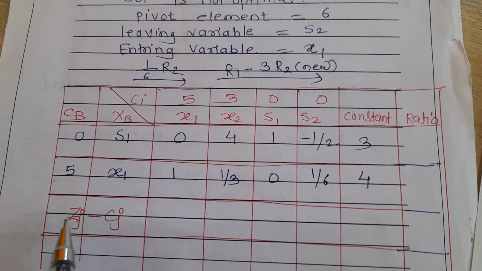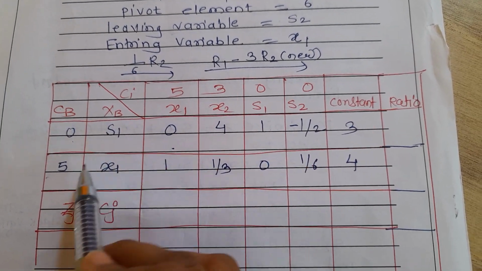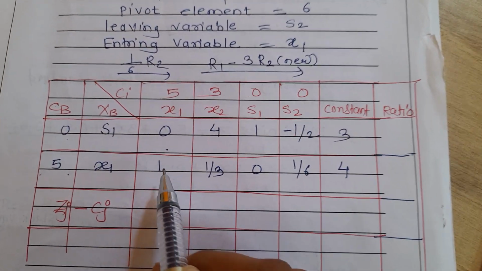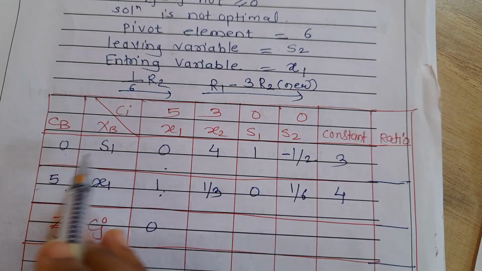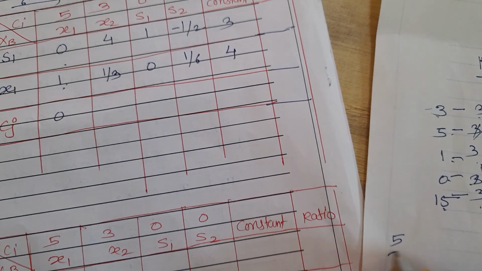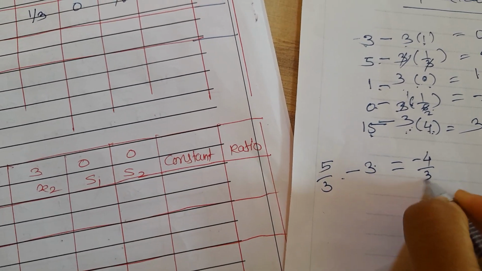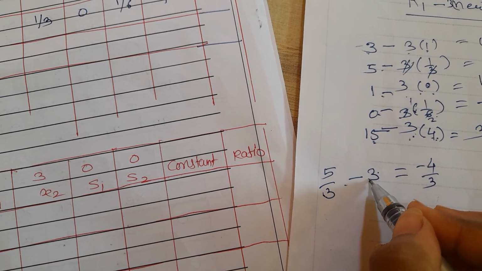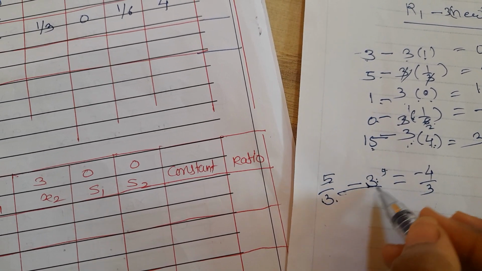Now again calculate Zj minus Cj. 0 into 0 is 0. 5 into 1 is 5. 5 minus 5 is 0. Then 0 into 4 is 0, 5 into 1 by 3 is 5 by 3, minus 3. 5 by 3 minus 3: 3 threes are 9, take the denominator the same, 5 minus 9 upon 3 means minus 4 upon 3.